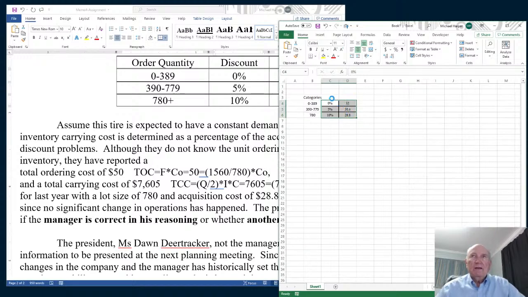So we have our discount percentages, and we have our item cost. And there it is.